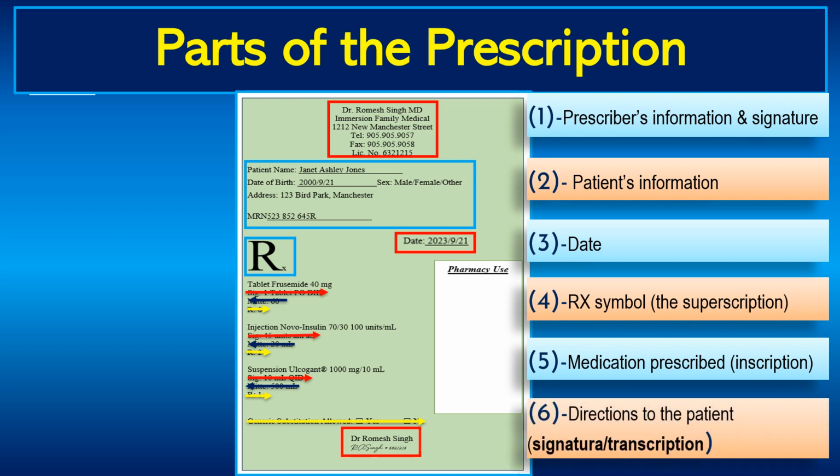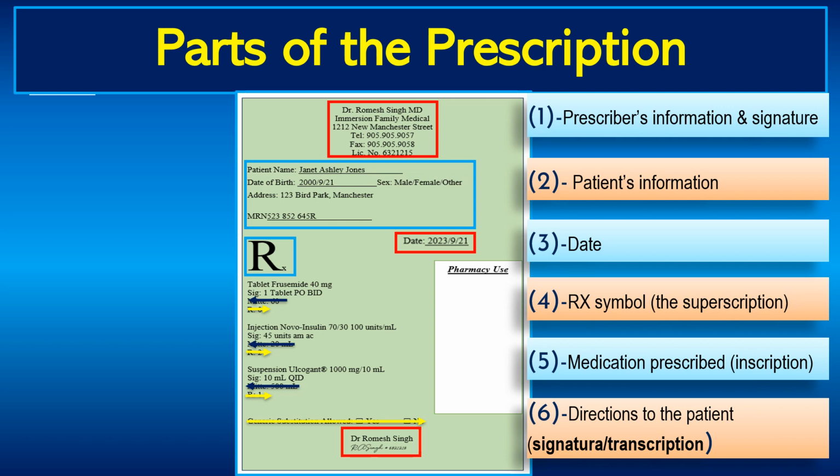Let's go on to number 6. This is a direction to the patient. So how should the medication be used? And this is what we call the signatura or transcription. So in the case of item number 1, the signatura here is 1 tablet by mouth 2 times daily.